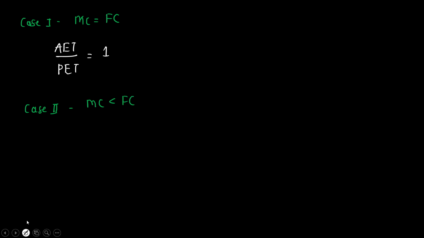First case is when moisture content is equal to field capacity. Then the ratio of AET, actual evapotranspiration, by PET, potential evapotranspiration, is equal to 1. Now second case, when moisture content is less than field capacity.